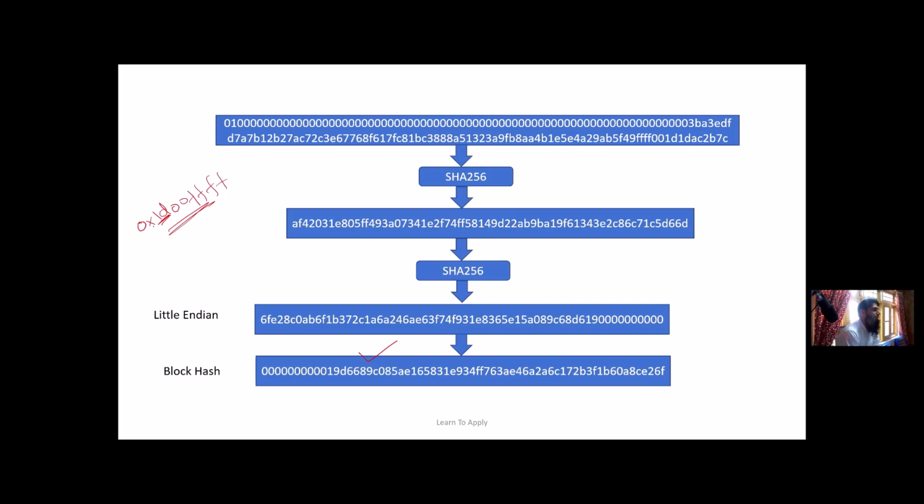If we convert 1D into decimal, what is D? It's like 16 plus, D is like 10 is A, B 11, C 12 and 13, right? So this comes out to be 16 plus 13, 29.